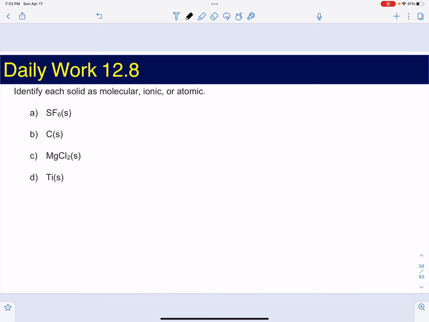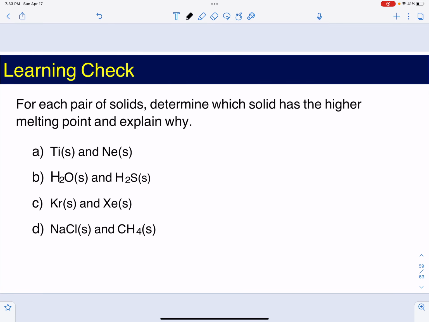And once you're done with that daily work, we're gonna look at this pair of solids and we're gonna see which one has the higher melting point. Higher melting point means the strongest forces keeping them together, so you have to apply more energy to separate one from each other. So we're gonna have to classify what they are.